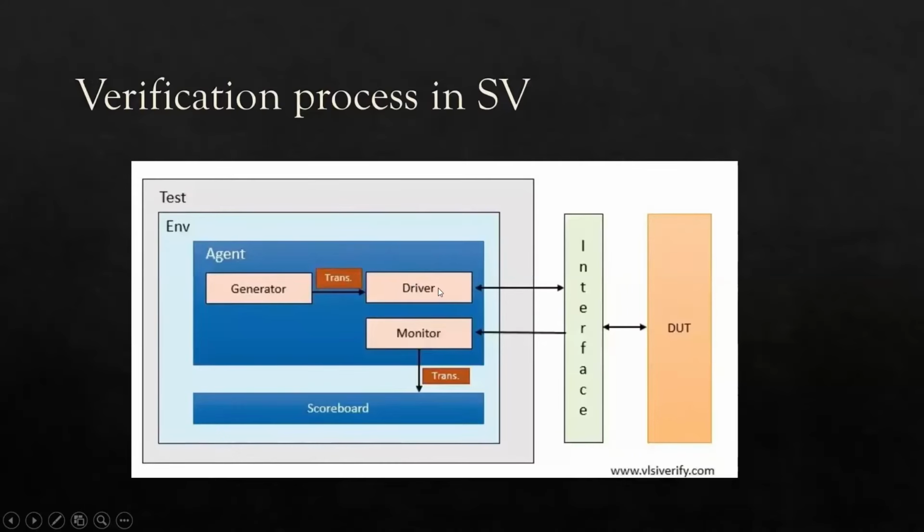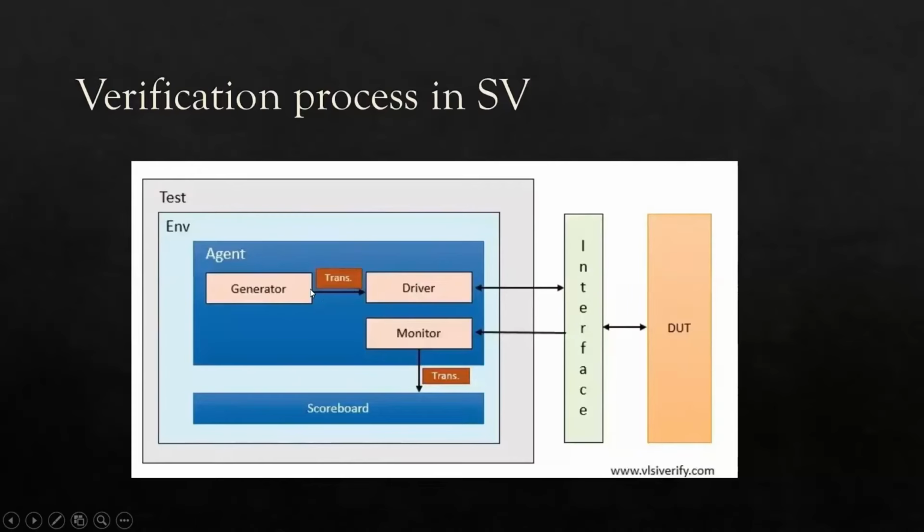Once you have data with the driver, the data will be transferred to the interface, and the interface will drive the data to your half adder code. Okay. So the interface is nothing but the connection between your test bench and design. Your driving is done.